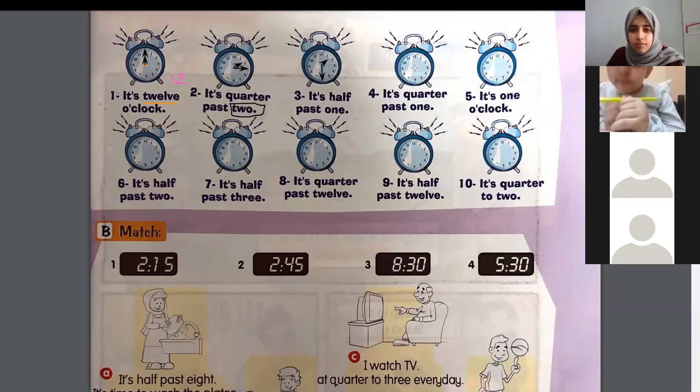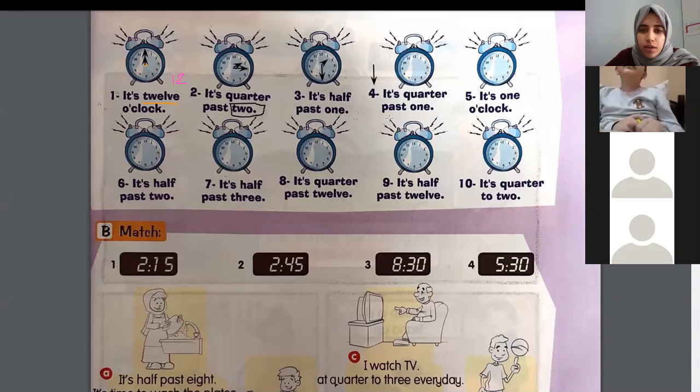Teacher, I can't hear you properly. Do you see number 4? Okay, I need to draw the long hand. Do I draw it at 3 or 6 or 9 or 12? Quarter past 1. You can look at the first page if you don't remember. 9. Quarter to means 9.